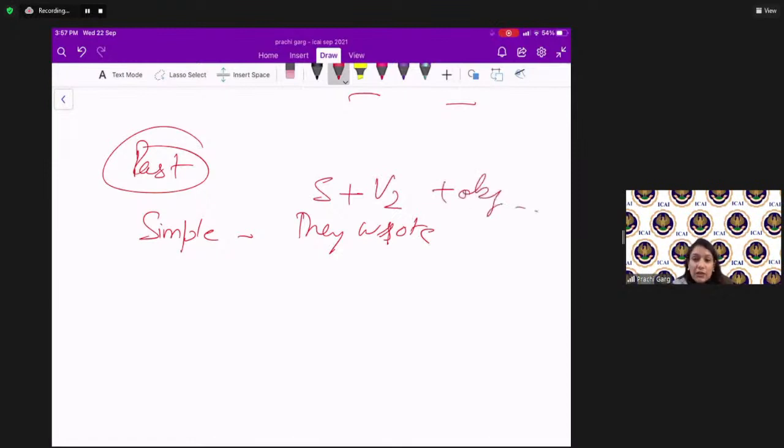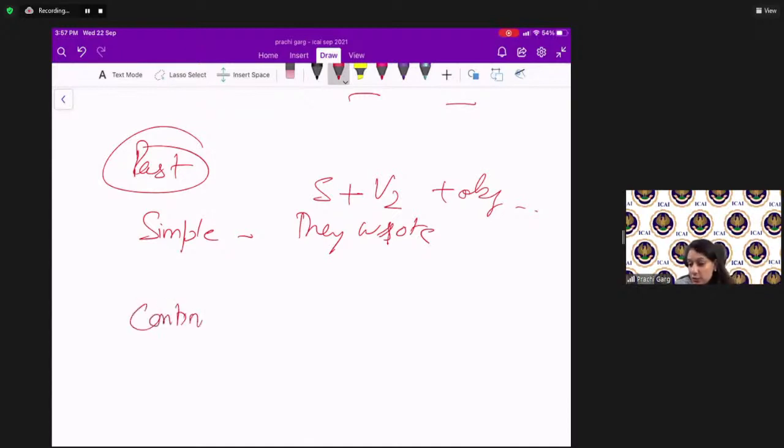Subject, V2, plus the object. Now, when do we use simple past? We use simple past when we are talking about past habits or an action that has already taken place, and it can be used with or without adverbs of time. It just tells you automatically that the action is already over.